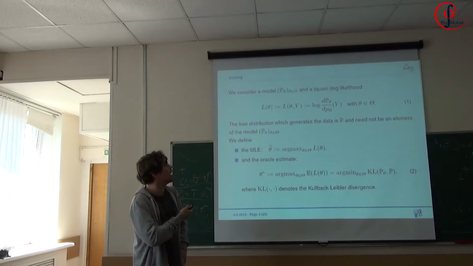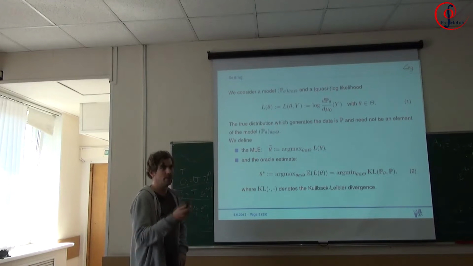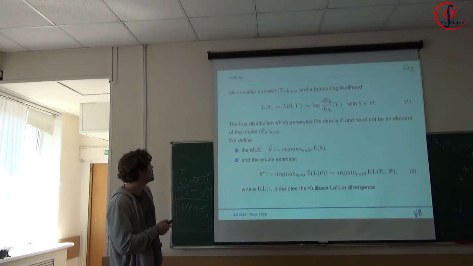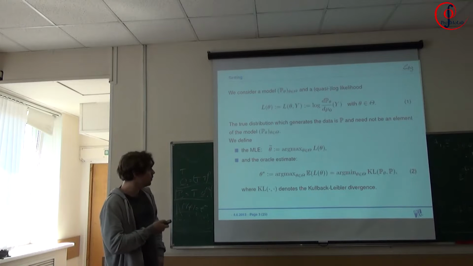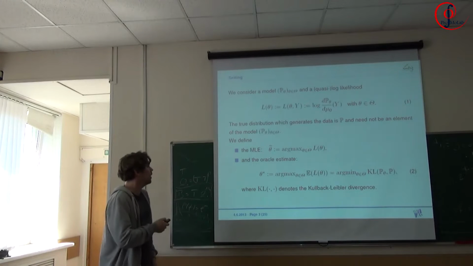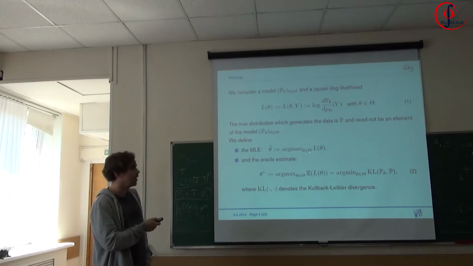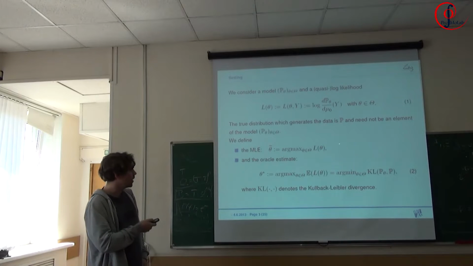Or you could just start with this object and see what you get. We don't assume that the model is a well-specified statistical model, so the true distribution P need not be part of the model. And then we define theta tilde, the MLE, in the standard way.